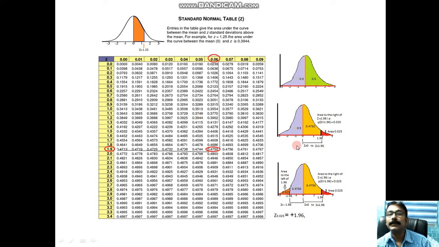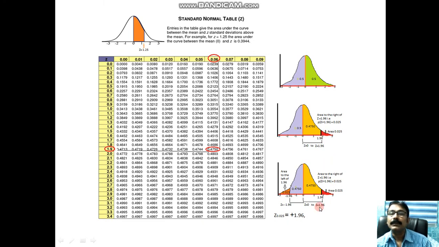So in this way we can extract the area of the normal curve from the table value. In the diagram, from 0 to 1.96, if the value of z is 1.96, the area from the mean to 1.96 is 0.4750. The remaining area, that is 0.025, is denoted by red color.